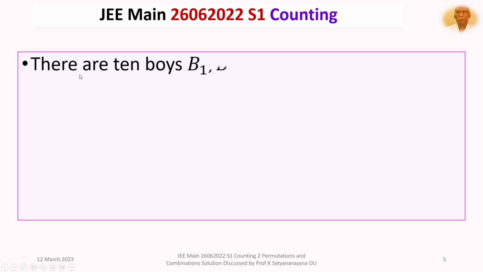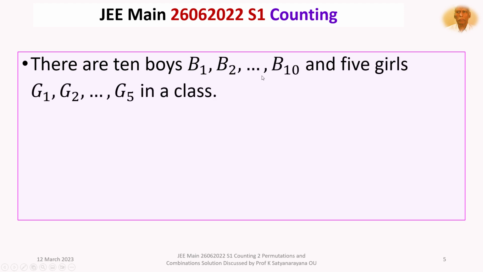The given question is: there are 10 boys B1, B2, etc., B10 and 5 girls G1, G2, etc., G5 in a class.